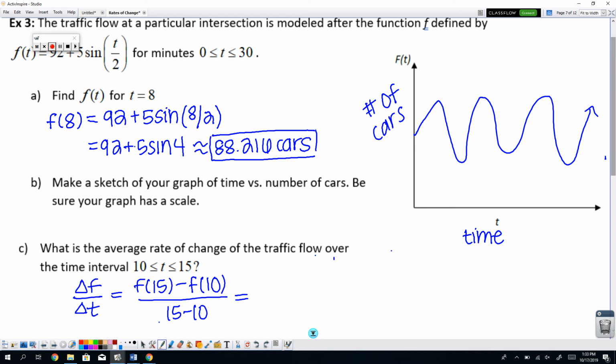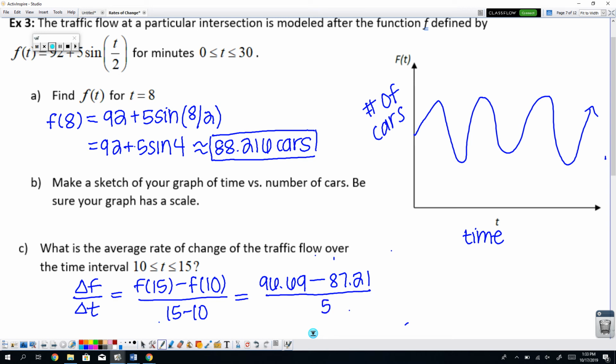So f of 15. So I need to plug in 15. And if I plug in 15, I get 96.69. Then I plug in 10. And it's 87.21. And it's all over 5. Okay?